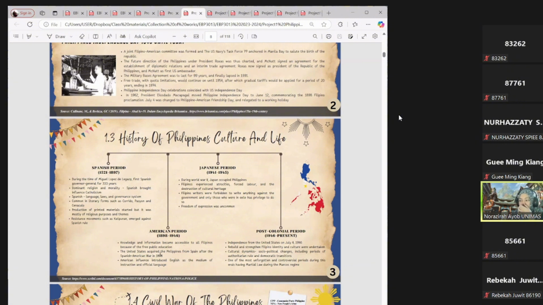Do you guys, what's the one effect of having the Americans come to the Philippines within this 1898 to 1946? Anybody knows? What effect can you actually see or observe, an influence from the Americans to the Philippines?